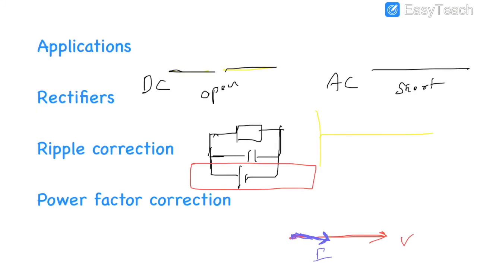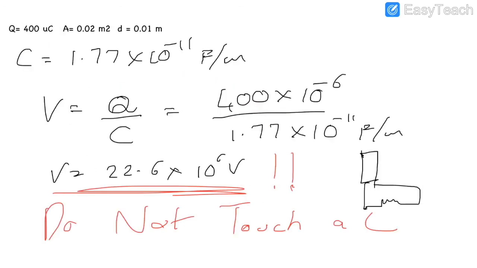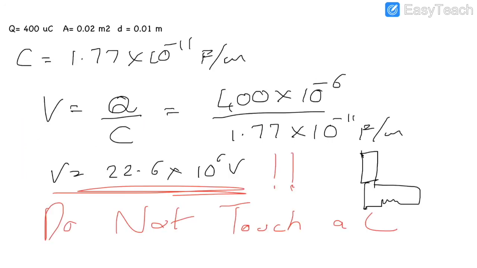And we have our applications in rectifiers, in ripple correction, power factor correction in giant facilities, and also many other applications. And we had our problems on the parallel plate capacitor. So again, very important, just remember the capacitance of a parallel plate capacitor is epsilon times A by D. So if you want to increase the capacitance, you increase the area or minimize the distance. Just some basic math relations.